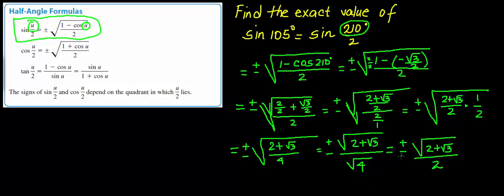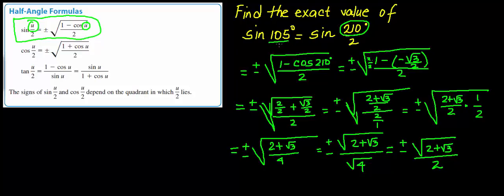Now, this plus minus, it's not telling me clearly if the answer to this question is positive or negative. How do I choose if it's going to be positive or negative? Very easy. I have to choose the value that corresponds to the original angle.